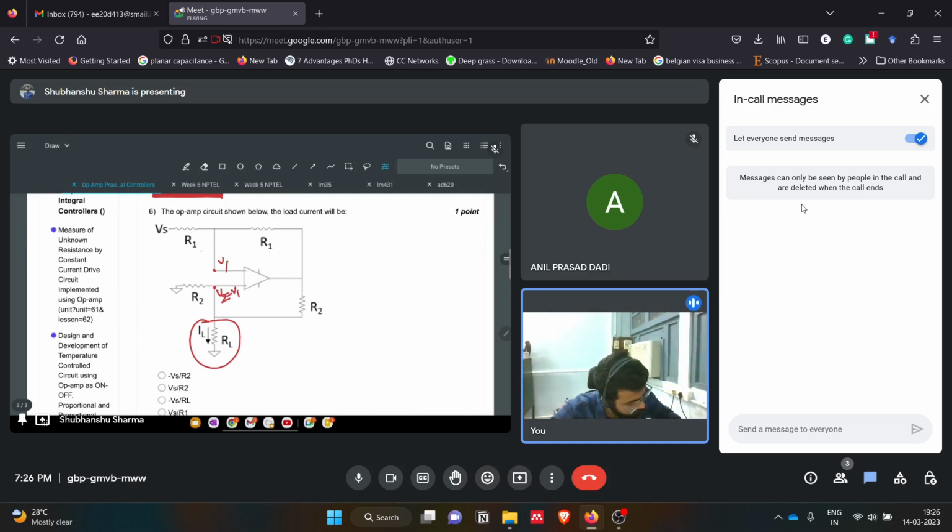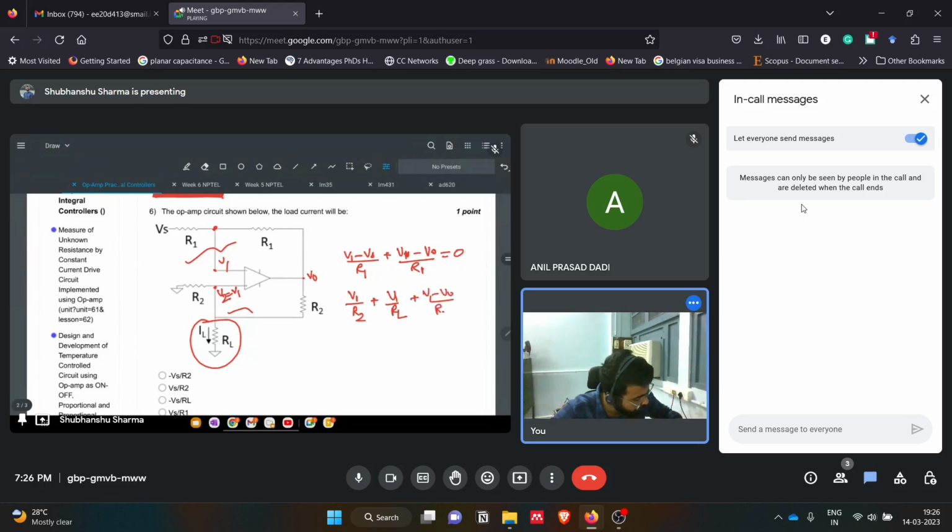So we can solve one KCL equation here and one KCL equation here. With the negative feedback, at the upper node it will be (V1 minus Vs) by R1 plus (V1 minus Vout) by R1 equals 0. Another equation will be V1 by R2 plus V1 by Rn plus (V1 minus V0) by R2 equals 0.